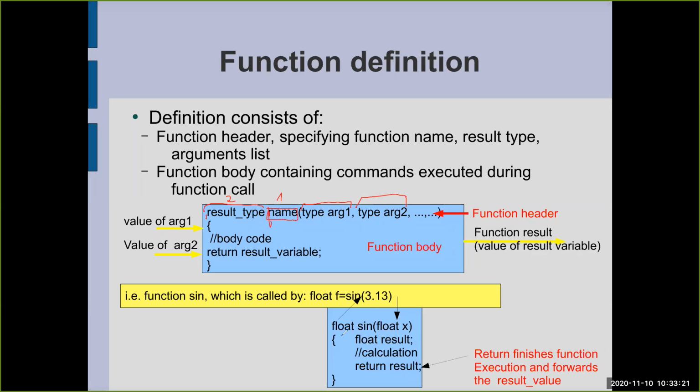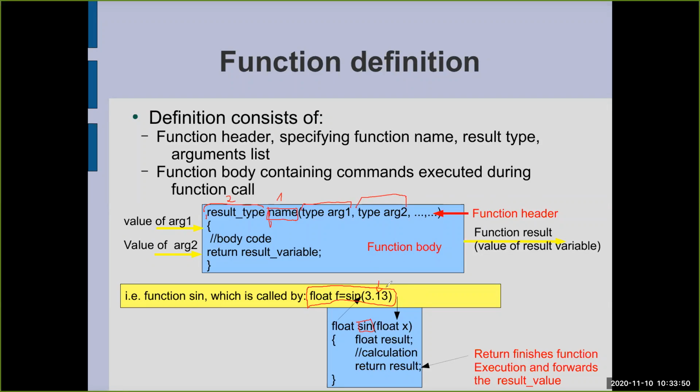So for example, if we have a function call like this, we can infer that the function name is sinus to meet this call. Then here we have arguments, so we can infer that the type of the argument is float, because in this example we passed 3.13.